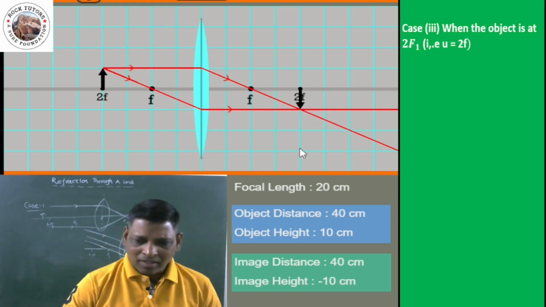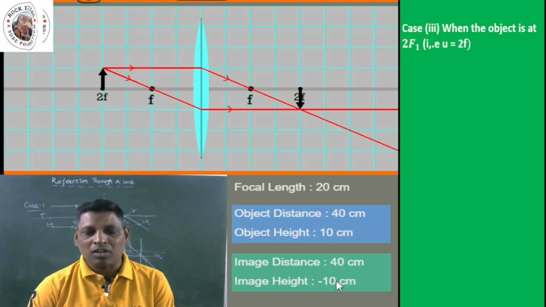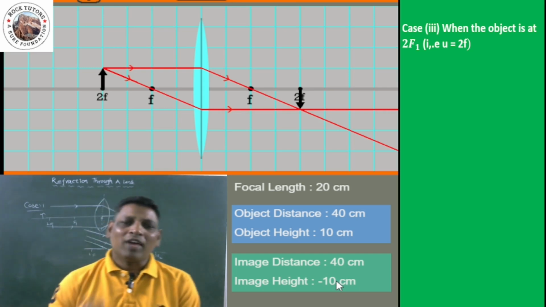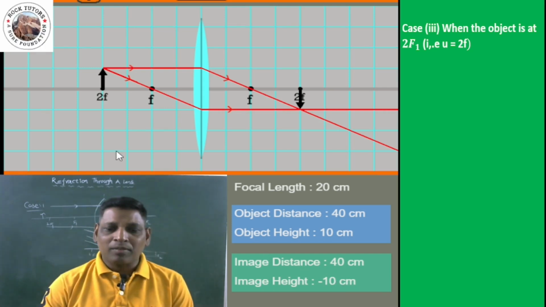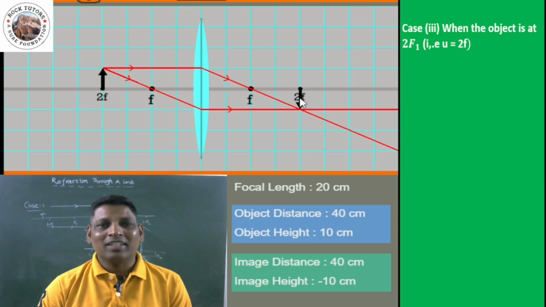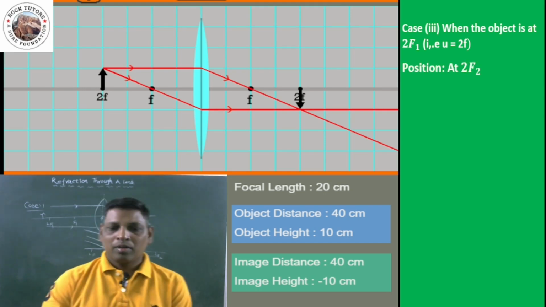Now see here, the object height is 10 centimeters and the image height is also 10 centimeters. That means when we kept the object at 2F1, the image formed at 2F2 and the size of the image is the same as the object size.